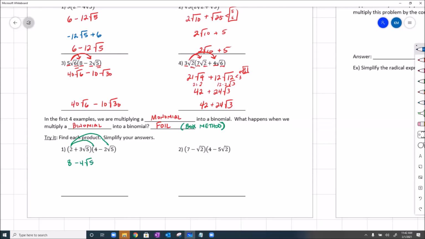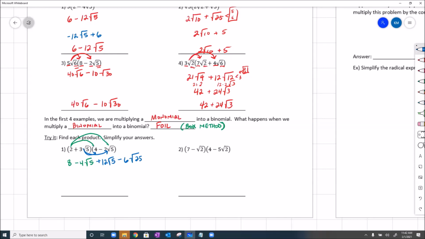Then I'll do 3 radical 5 times 4, which gives me positive 12 radical 5. And then 3 radical 5 times negative 2 radical 5. 3 times 2 is 6, minus 6 radical 5 times radical 5, which gives me radical 25.